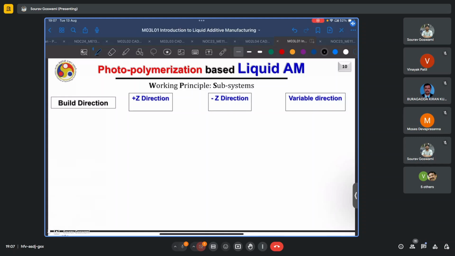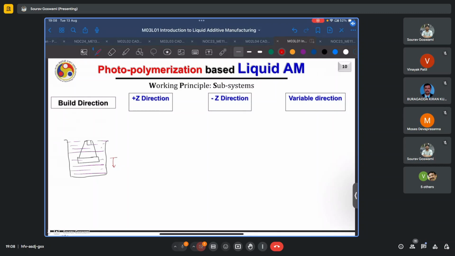In the case where you have, say, for example, a vat type of shape of the liquid, and you have a positive build direction, each time your stage will move down by the pre-decided specified height, which is called the layer height, and the build will progress for the next layer.